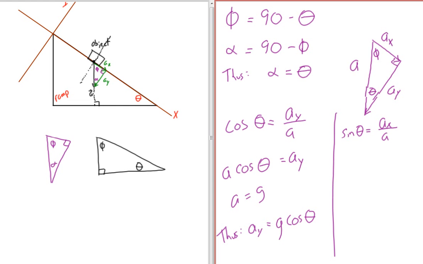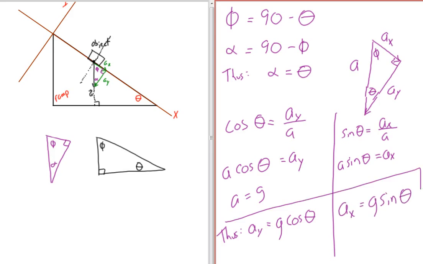And then we'll do the same process for ax. So the sine of theta is opposite over hypotenuse, so ax over a. Multiply both sides by a, and we get a sine theta equals ax, which means that ax is equal to g sine theta, where obviously g is equal to a, that acceleration due to gravity.